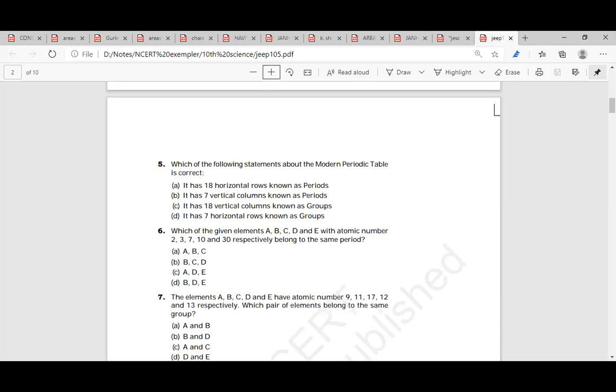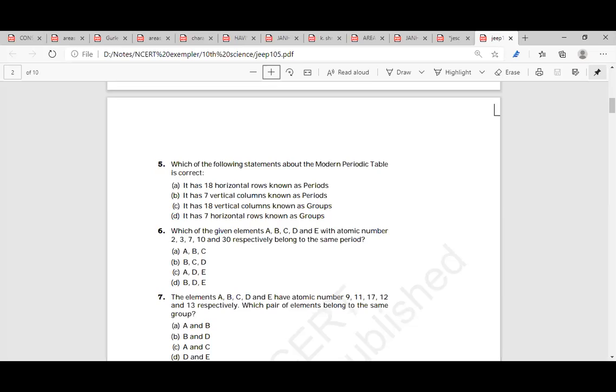Second option. No, atomic number 2 means it is in the first period. So BCD, ma'am, right? BCD only. BCD, 3, 7, 10.